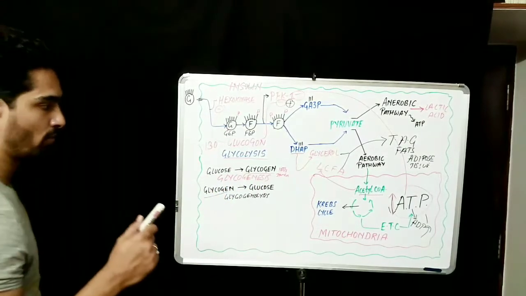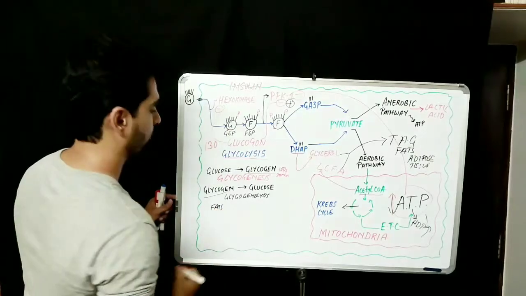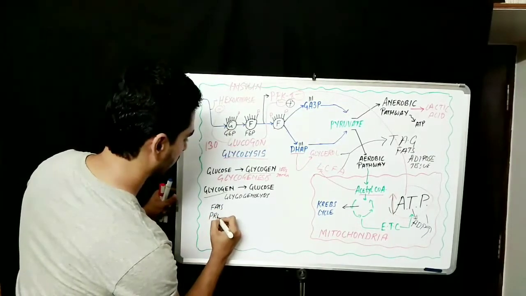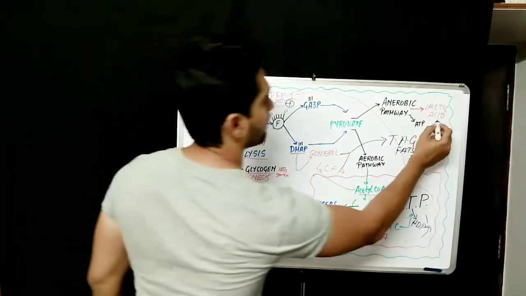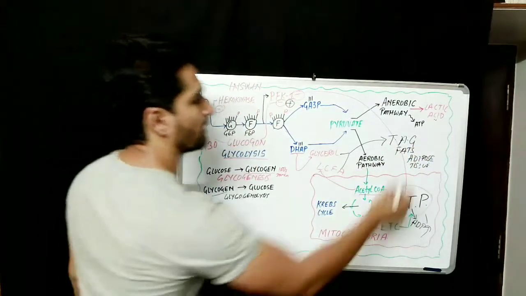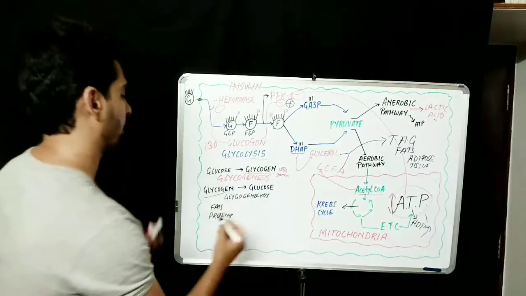Your body can also form glucose from fats, from proteins, and from lactic acid. This lactic acid can go into the liver and come out as glucose.